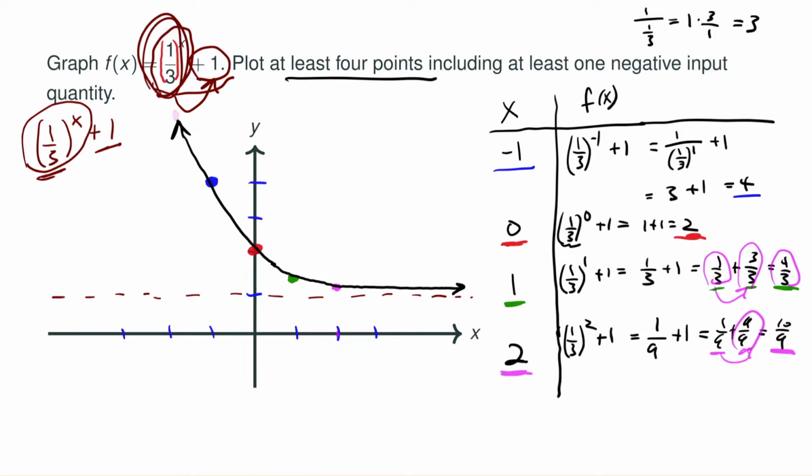So this is the graph of this function right here. And the horizontal asymptote, as you can see, is important. Right? And you can also test more points if you want. If you plug in 3 and 4, we'll always get a number slightly bigger than 1. It will decrease, but always be slightly greater than 1.